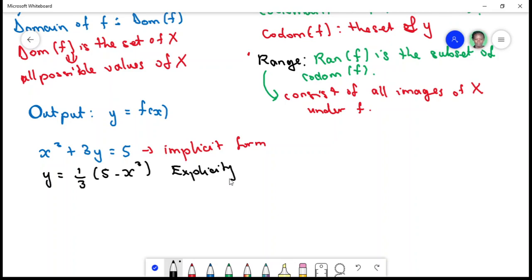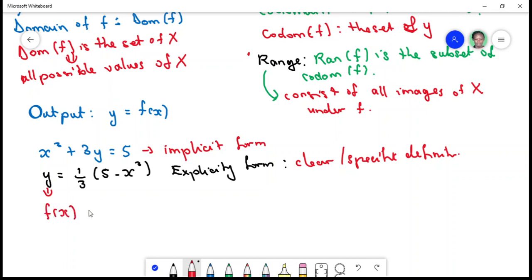It is explicit because you have a clear or specific definition to actually tell which is a function of which. But if I want to express it in function form, since I know y is a function of x, then I can write f of x to be equal to 1 over 3, 5 minus x cubed. Very good.